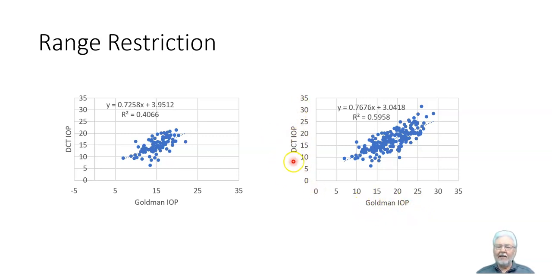So consistently use DCT for your patient or consistently use Goldmann, but don't mix and match, because they're just not that well related. So range restriction, big issue. Finding measures that are correlated, and for different instruments: you get a new instrument, you start using it in your practice, but it could be different from your old instrument. So be careful when you're transitioning to the new.